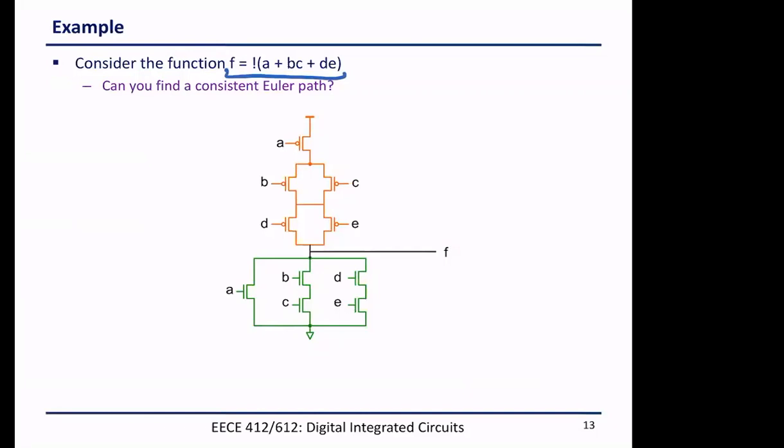So here the uniqueness of A, let us see. Let us try to find an Euler path, and why don't you take 1 minute and try to see if you can find an Euler path. Okay, let us see if you can find an Euler path.